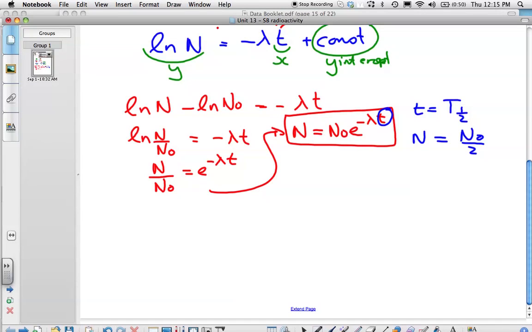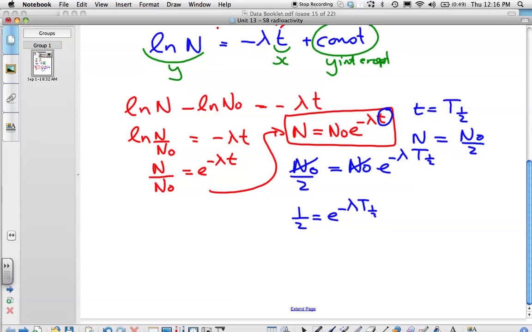So I can replace my N by N0 over 2 when t is equal to the half-life, and I can put that into my equation and write t as t to the half. I've got an N0 on both sides, I can cancel that, so I get 1/2 is equal to e to the minus lambda t to the half.